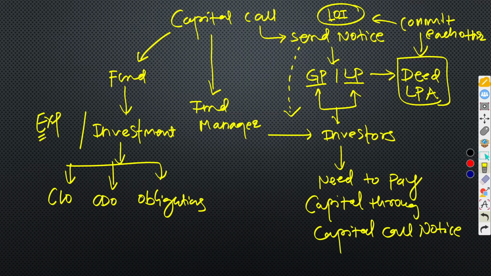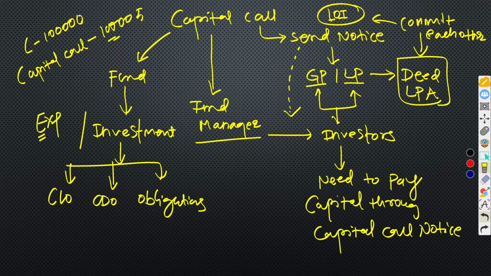All right, so now when we talk about capital call, it is part of the commitment, right? Let's take an example: total commitment is 1 lakh, and this time the capital call is, let's say, 10,000 rupees.